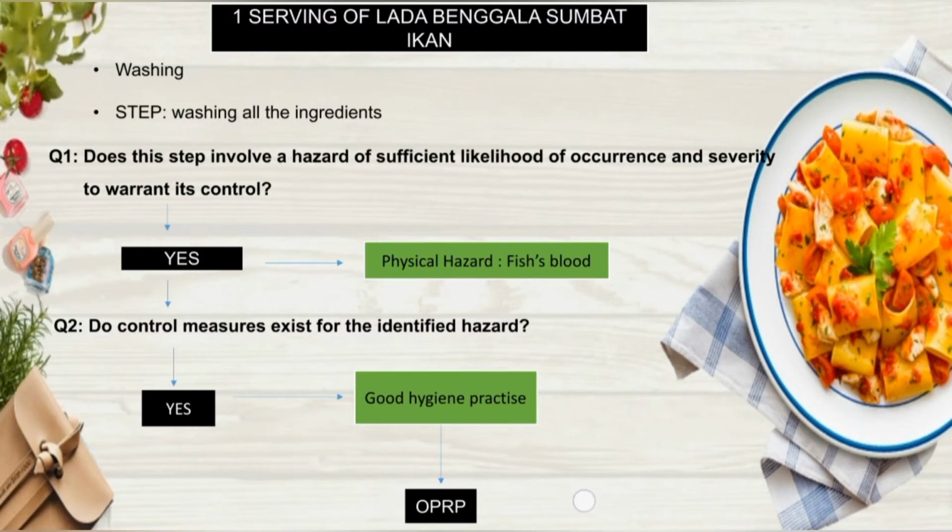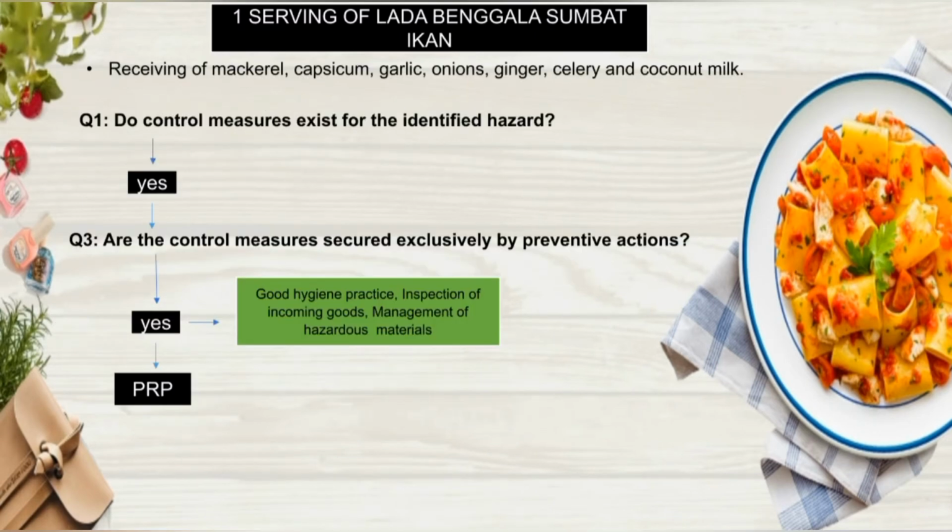Thus it is a OPRP. And the next one is receiving. Receiving, there is a control measure exists for identified hazard, and the control measure, good hygiene practice, inspection of incoming goods, management of hazardous materials, and it is a PRP.